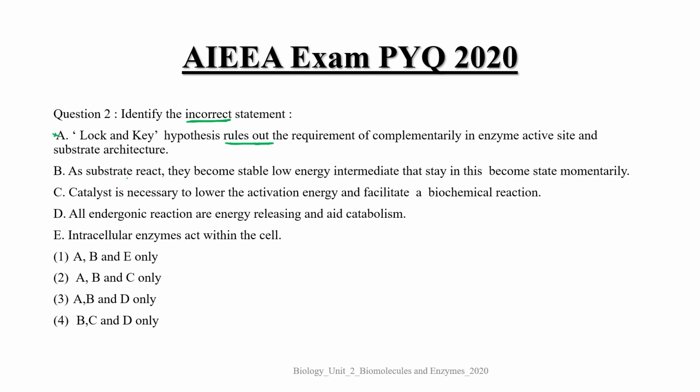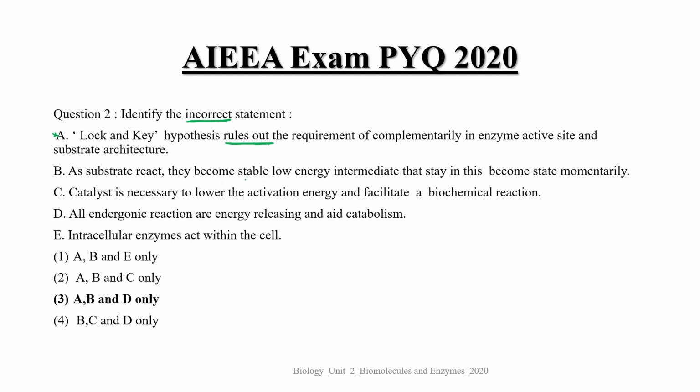B: as substrate react, they become stable, low energy intermediate, and that stay in this state momentarily. No, they become unstable, and at that time a high energy level is there.